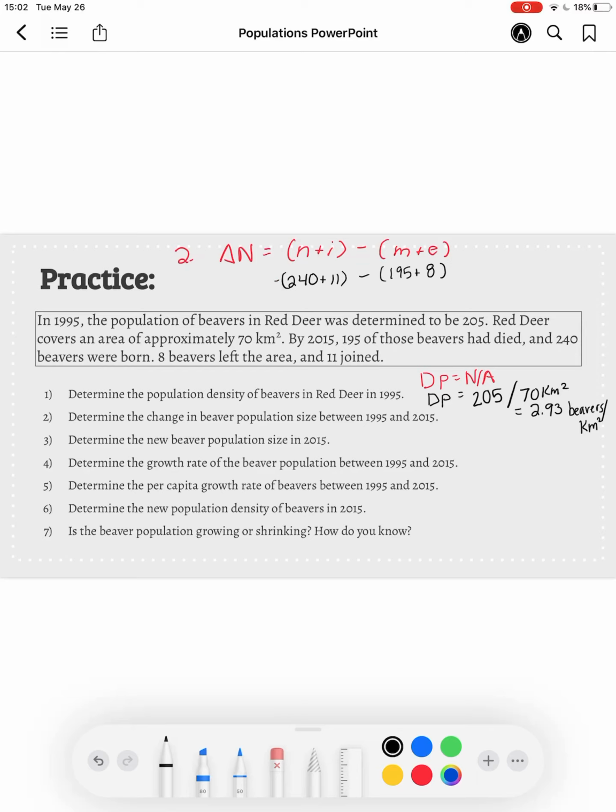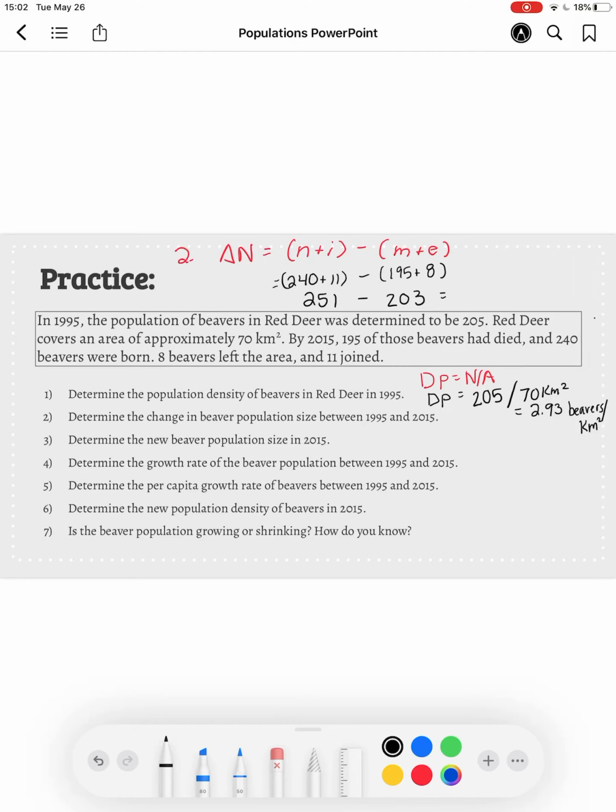Okay. So if we add all that together, that'll give us the change. 240 plus 11 gives me 251. And then 195 plus 8 gives me 203.